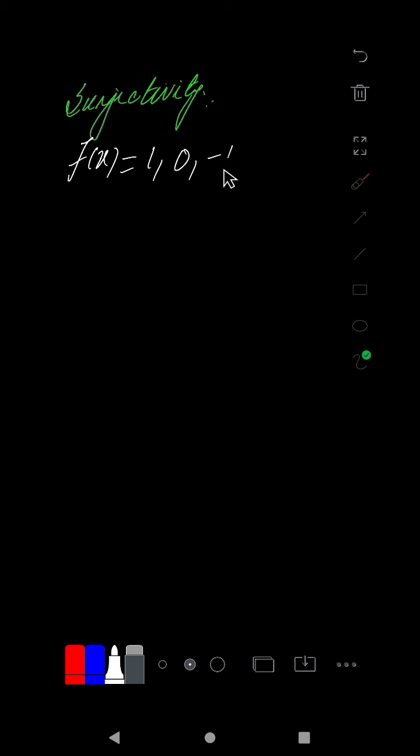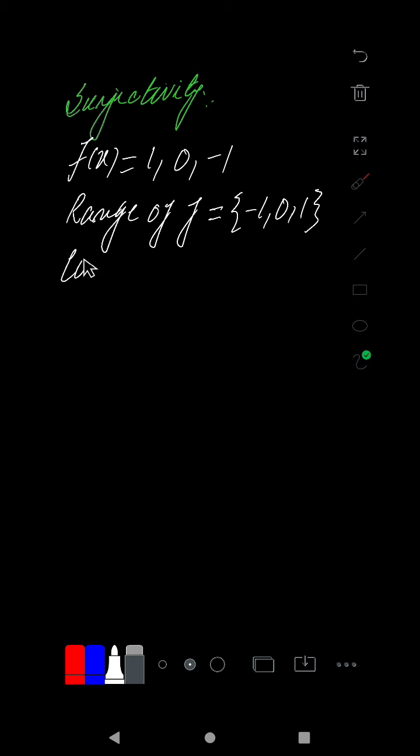Now let us check surjectivity, which is quite simple because f(x) can have only three values, that is 1 or 0 or minus 1. So the possible values of f(x) are only these three values. So range of f is equal to {minus 1, 0, 1}.